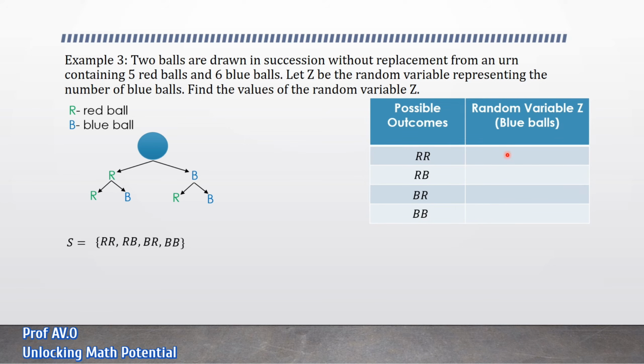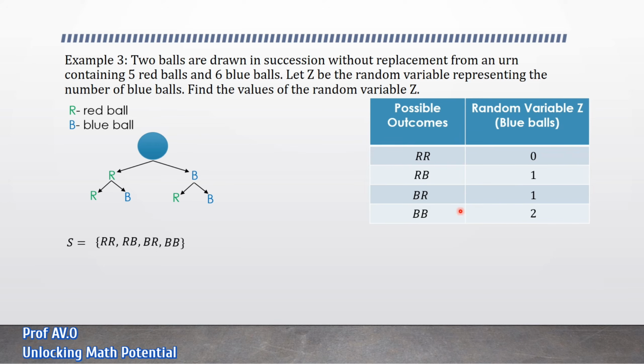So to get our answer for the second column of the random variable z, we will just again count the number of blue balls. For the first outcome, as you can see, we have no blue balls, so meaning it's 0. Second outcome, we have 1 blue. Third outcome, we have also 1 blue. And for the fourth outcome, we have 2 blue balls.